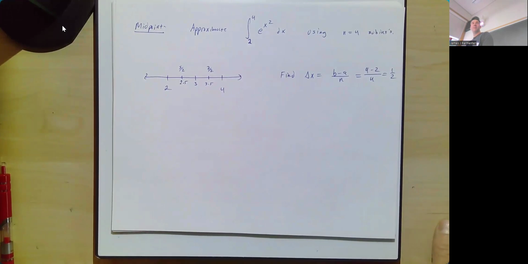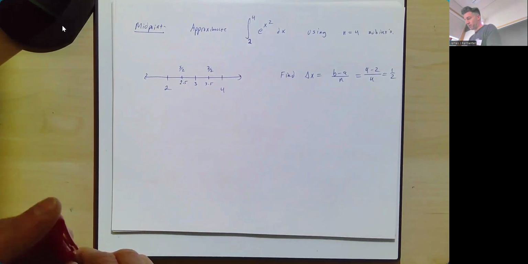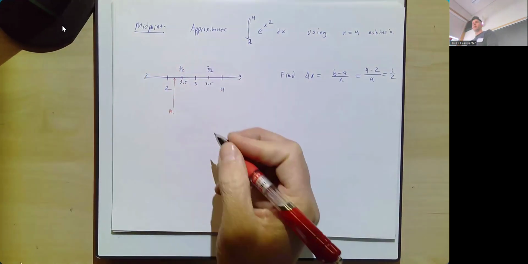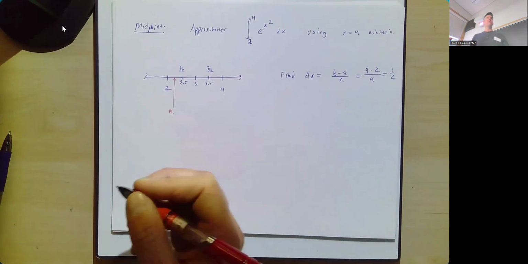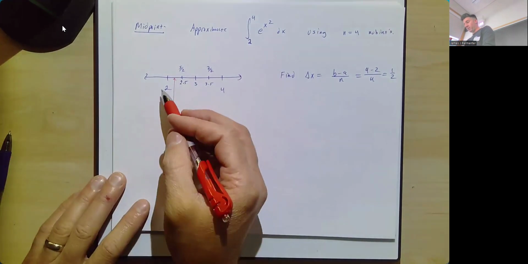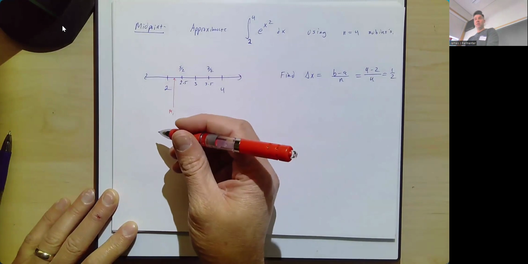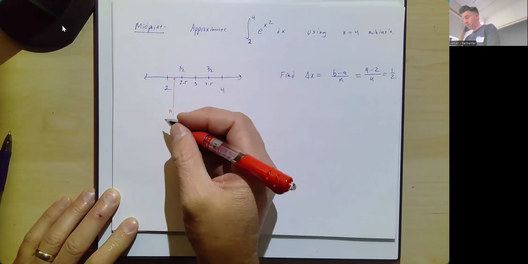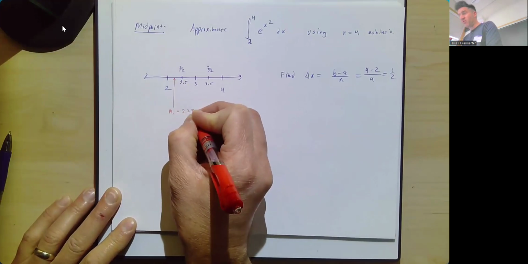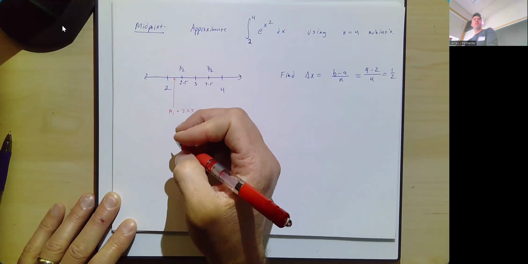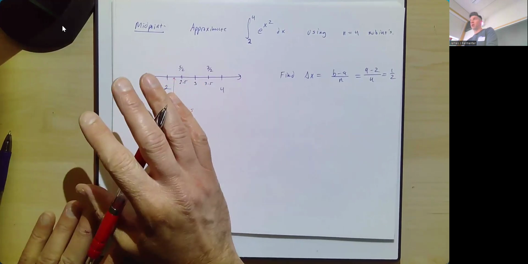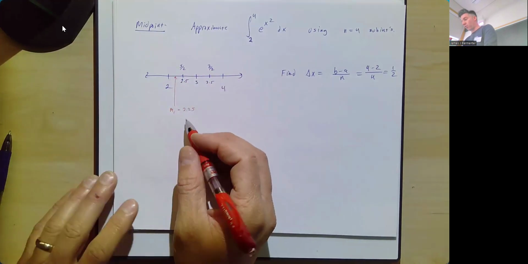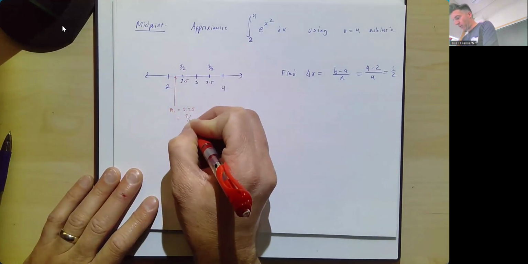Either way. And then to find the midpoints, we're doing some averages. Again, you might prefer decimals, you might prefer fractions. I think it's easier to see with decimals here personally. The midpoint of 2 and 2.5 is 2 1/4, 2.25. Do not write 2 1/4 as a mixed fraction; you should write 9/4.